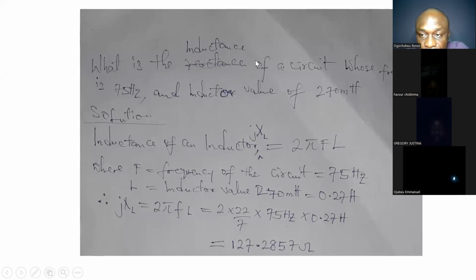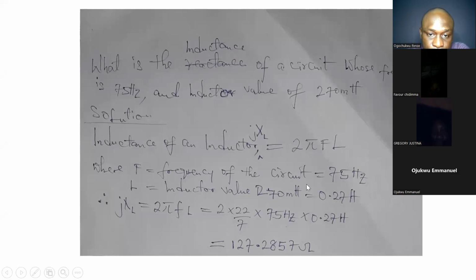It's a combination of inductor and capacitance. That is where you say that we have reactance. All of them are opposition to current. While we have resistance, we have reactance. But in this particular circuit, we are talking about inductor, and we have to call it inductance. Are you following me? Yes, sir. Okay.